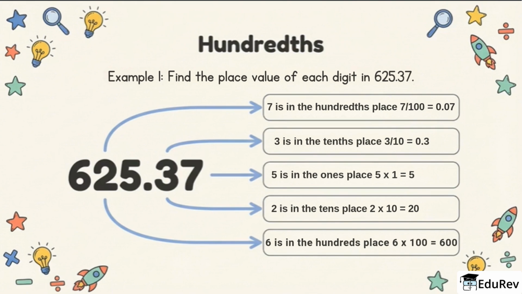The 5 is in the ones place, so it means 5. The 2 is in the tens place and equals 20. And the 6 is in the hundreds place and equals 600. Each digit's place tells you its actual value.